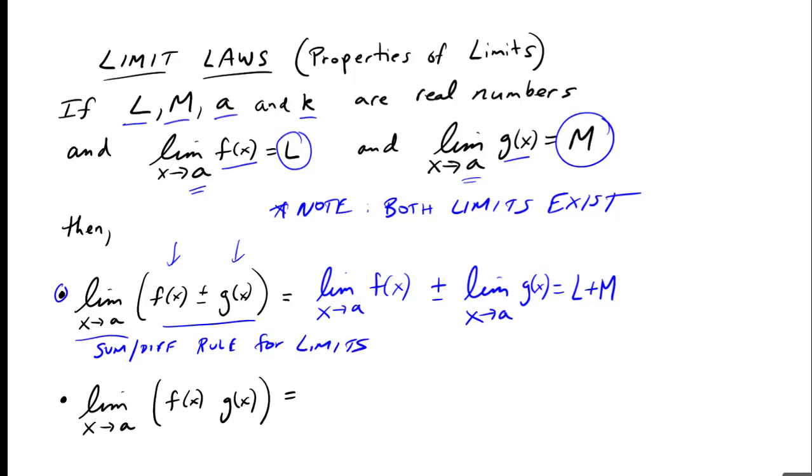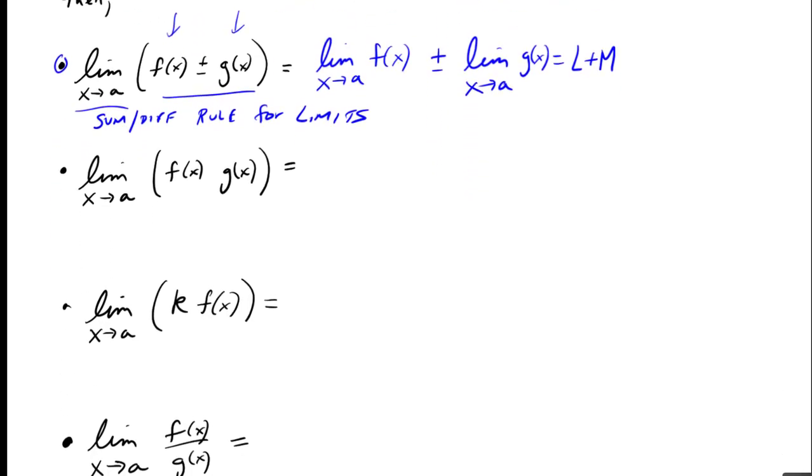Okay, what's next? All right, maybe we want to multiply f and g and then take the limit. We'd like to know, can we instead take the limit of f, take the limit of g, and then multiply them? In other words, instead of multiplying and then taking limits, can we do the limits and then multiply?